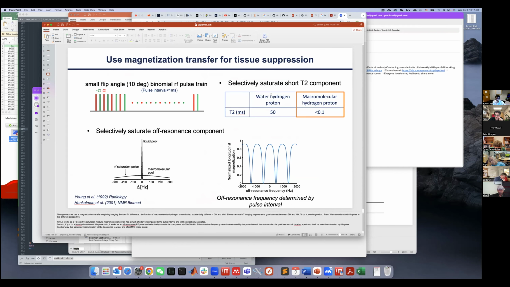I would say so. For those binomial pulses, it works as an MT because if you do a simulation of those, it has a saturation band at some on-off resonance frequency.